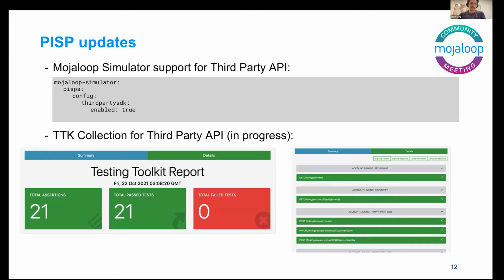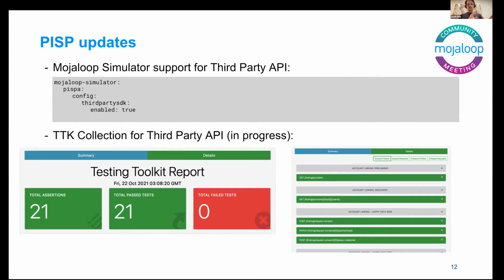And finally, we have a testing toolkit collection that's currently in progress that I'm working on for our end-to-end tests of the third-party API. We've got these all written in our local jest runner, and now we're just translating them to be testing toolkit specific, so that they're a bit more general and also a lot more user-friendly to run and understand.